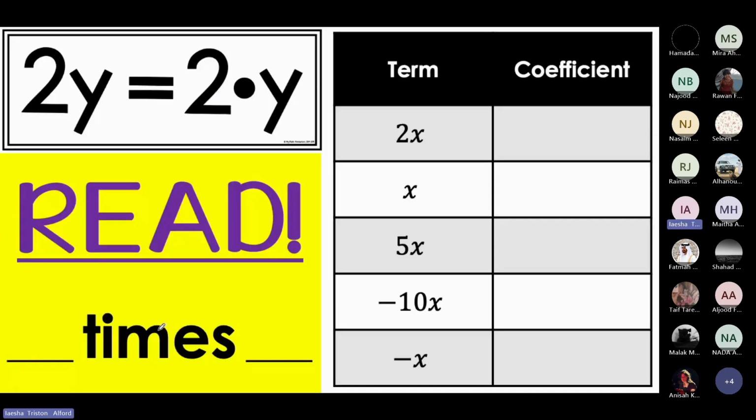All right, so here, let's practice reading. What does this one say? It's positive 2x, but another way to read it. Positive 2 times x. Good, positive 2 times x. So what number should be your coefficient here?